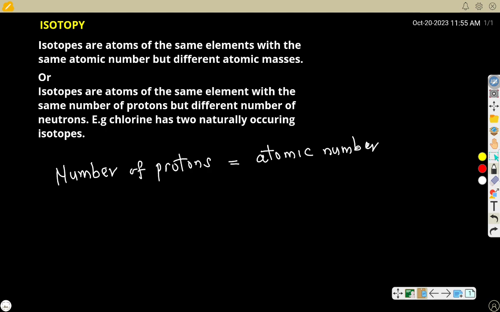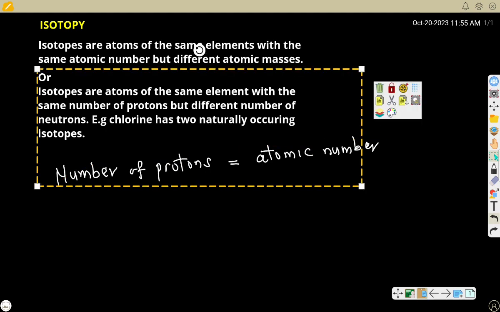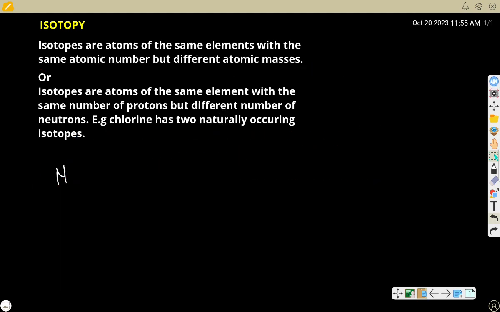Take note of that. So the second definition says that isotopes are atoms of the same element with the same number of protons but different number of neutrons.